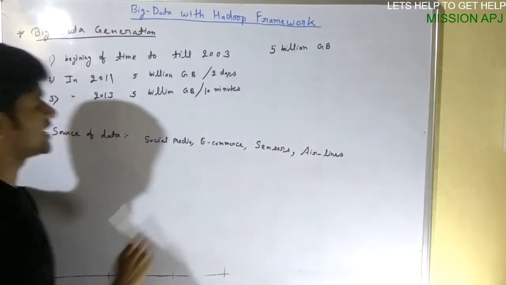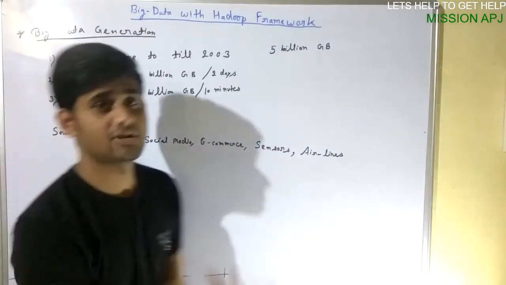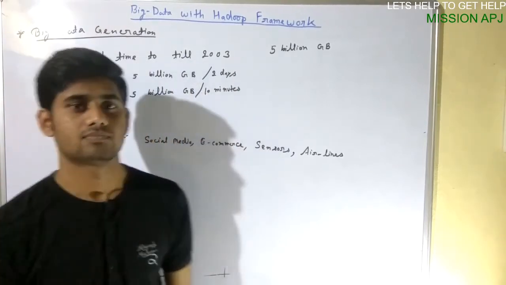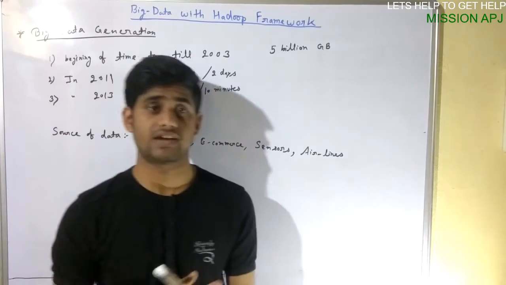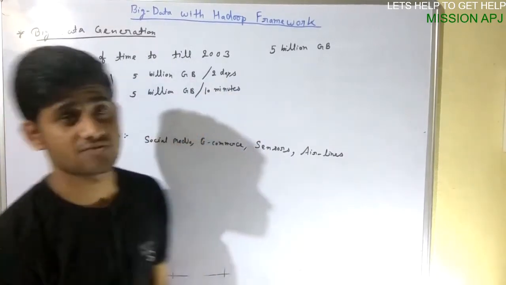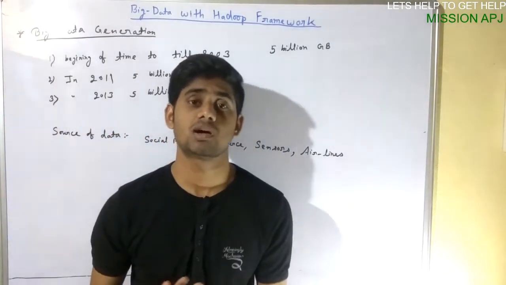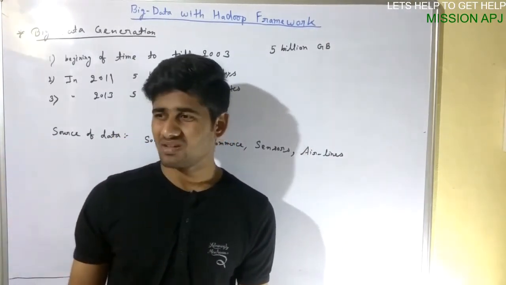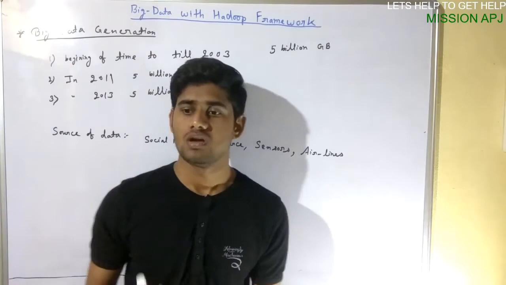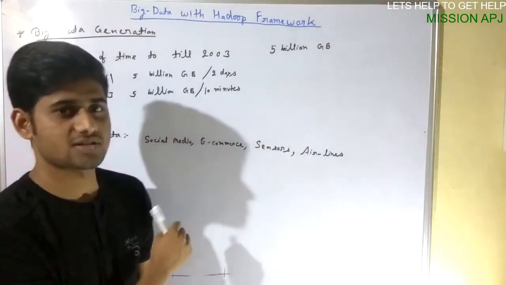The sources of data are social media like Facebook, WhatsApp, Twitter, Instagram and lots of sites. Again, e-commerce: Flipkart, Amazon, Myntra, these sites come in the e-commerce category.